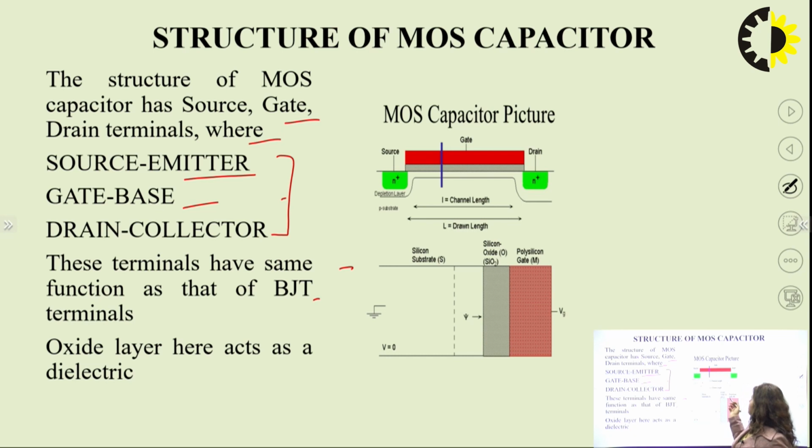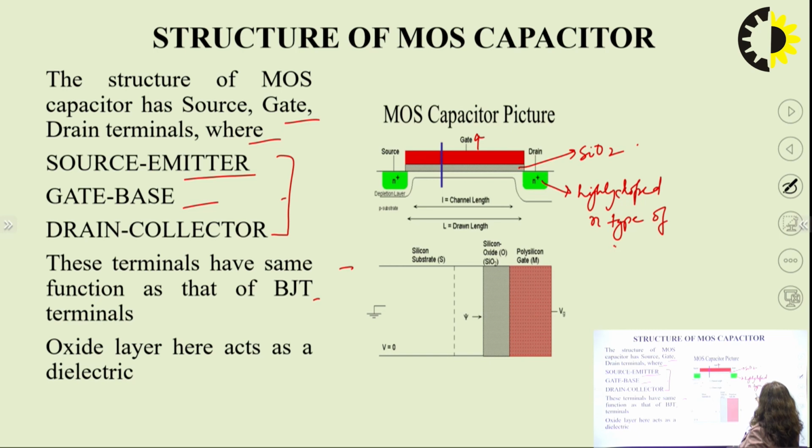So here the MOS capacitor picture is shown where the N plus region is there. We have a P type substrate, and above the P type substrate we have an insulating SiO2, that is silicon dioxide, and then we have a connection with the gate, and the drain is N plus, which is a highly doped N type semiconductor.